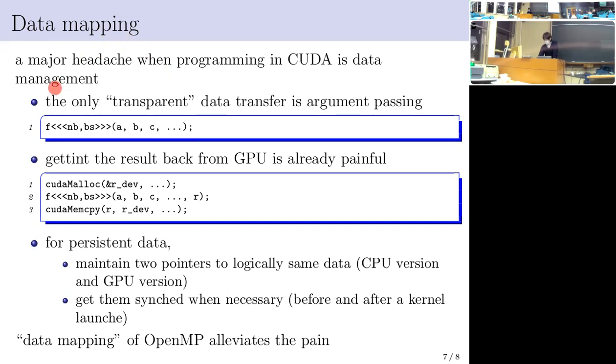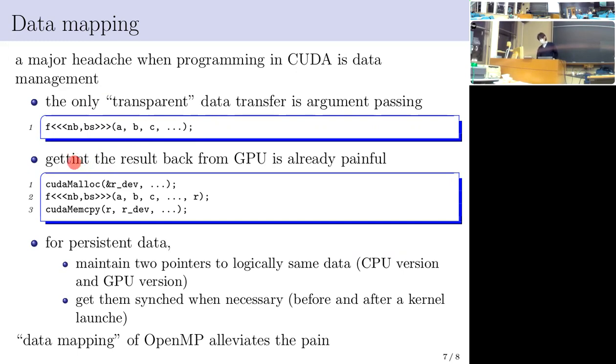In CUDA, the only more or less transparent data transfer that happens is argument passing. When you specify arguments like this, these data are transparently moved from host to GPU, so you don't have to do too much to send these data to the GPU. But other than that, everything else is almost manual.